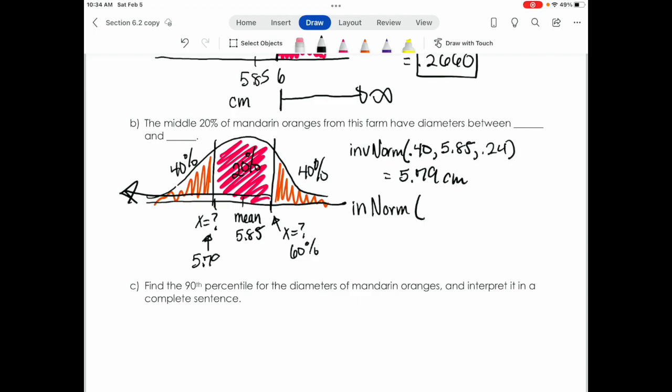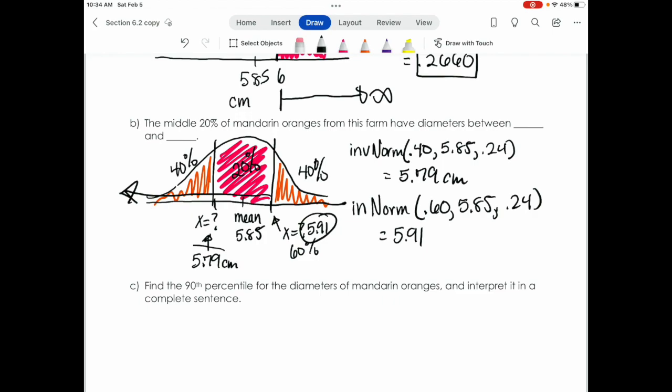Now I'm going to find the other x value. So this right here is 5.79 centimeters. So now I'm going to find the 60th percentile using the same strategy. When I put in the 60th percentile on the calculator, that's going to give me 5.91.